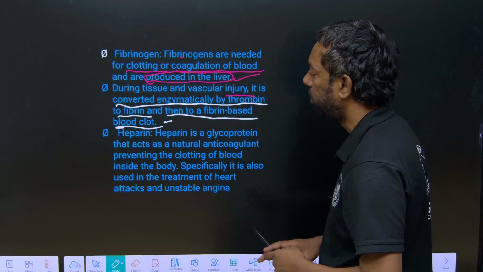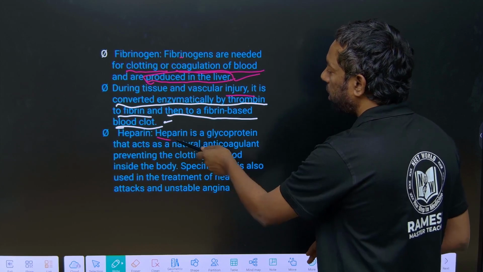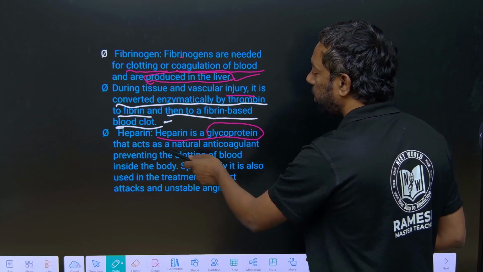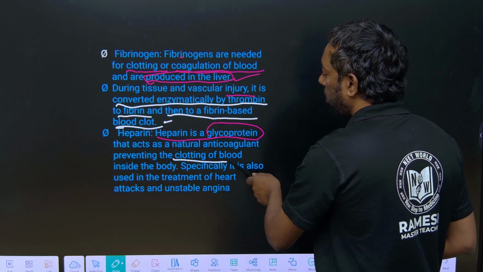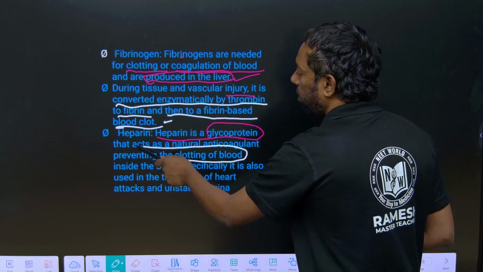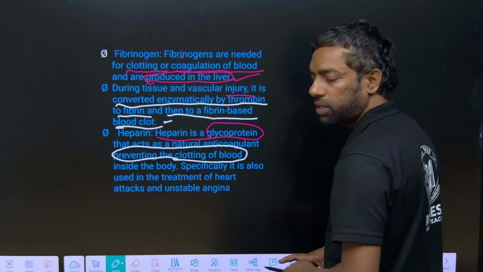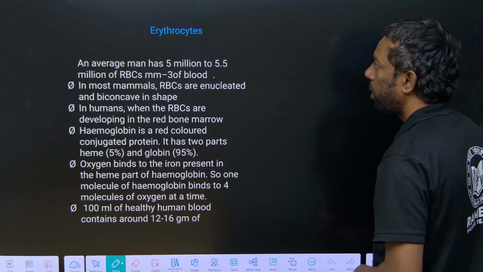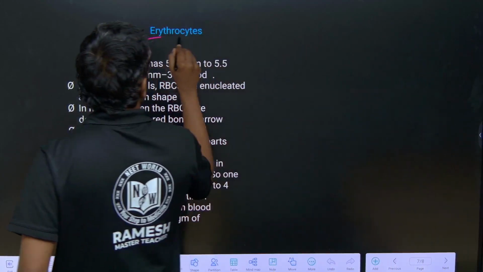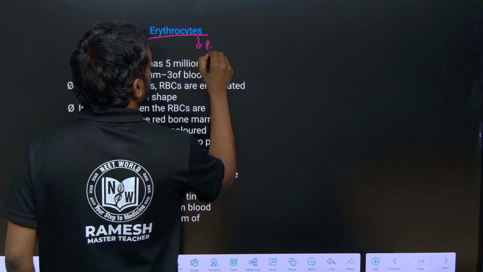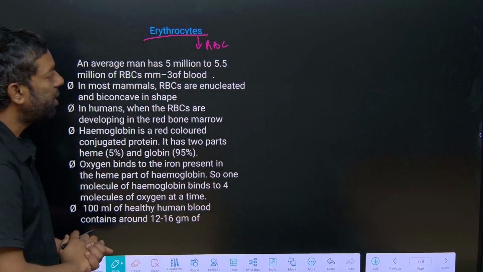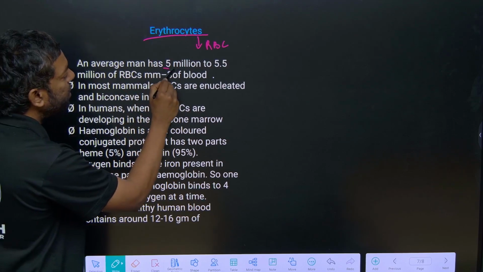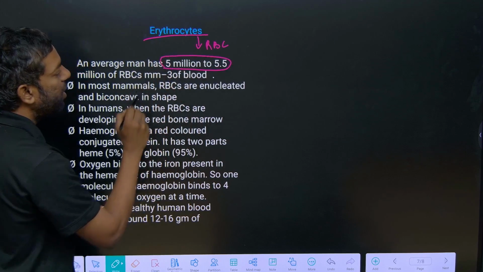Heparin is a glycoprotein, a blood clotting anticoagulant which prevents blood clotting. Erythrocytes have another name, RBC.